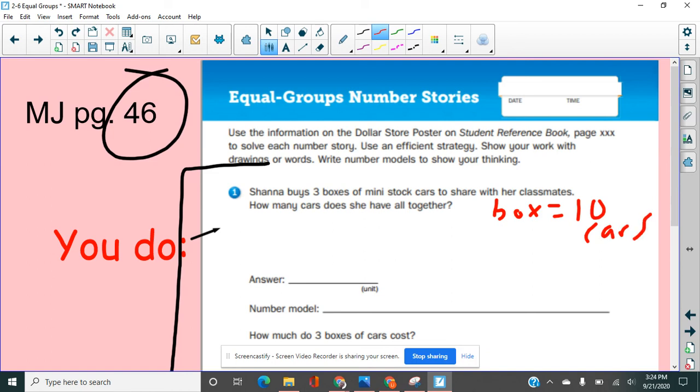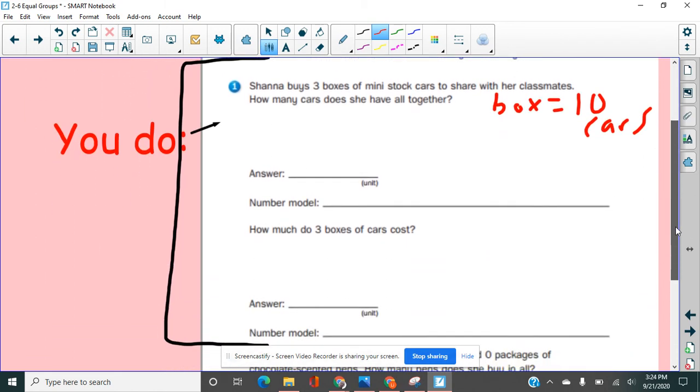If you don't write it down, you're going to have no idea how to do this problem. 1 box equals 10 cars. And then the other thing that you're going to need to know on the second part is how much the box costs. So how much do 3 boxes of cars cost? A box costs $4.